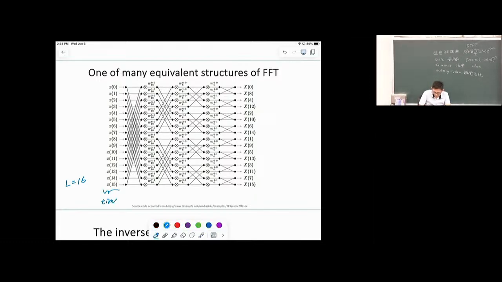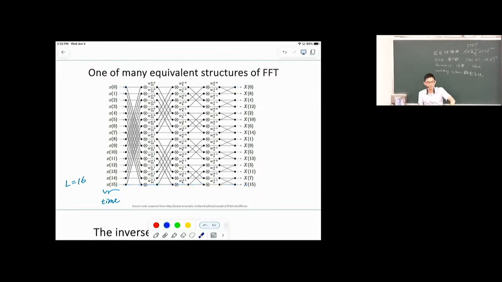Now when you look at this flow, things go from left to right. All the arrows go from left to right, and finally all the way to the right.